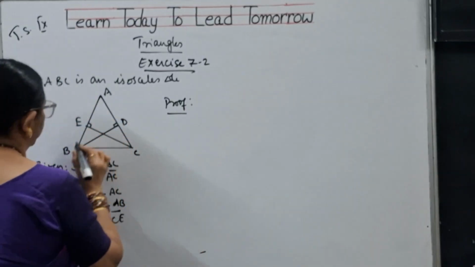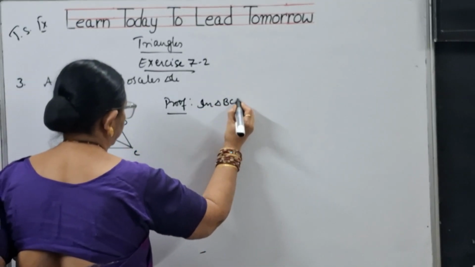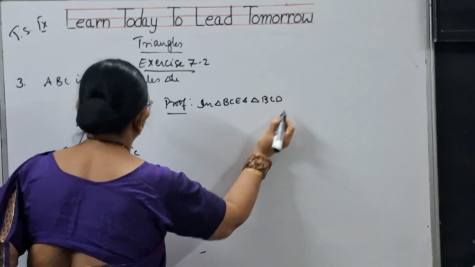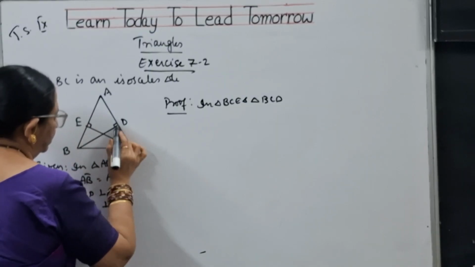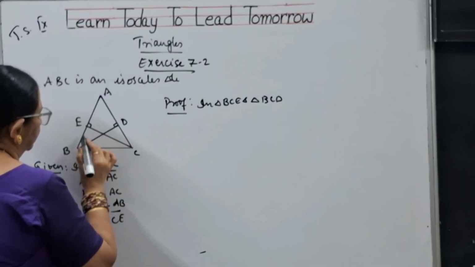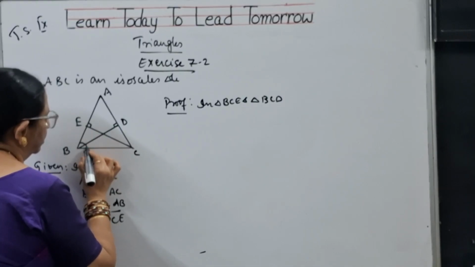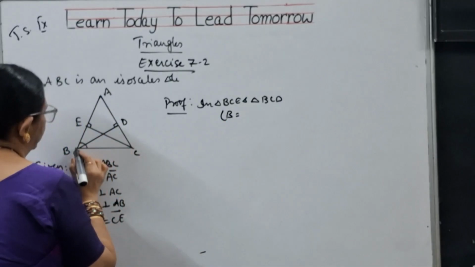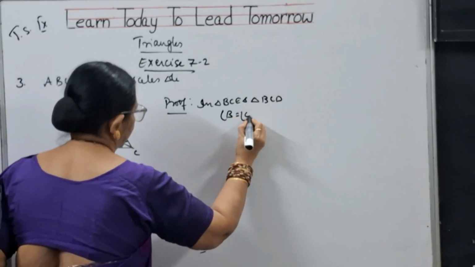Let us take triangle BCE and triangle BCD. In triangle BCE you have angle B, and in triangle BCD you have angle C. They are equal.